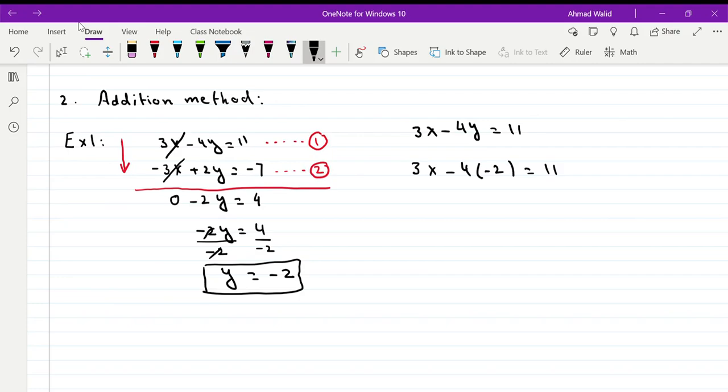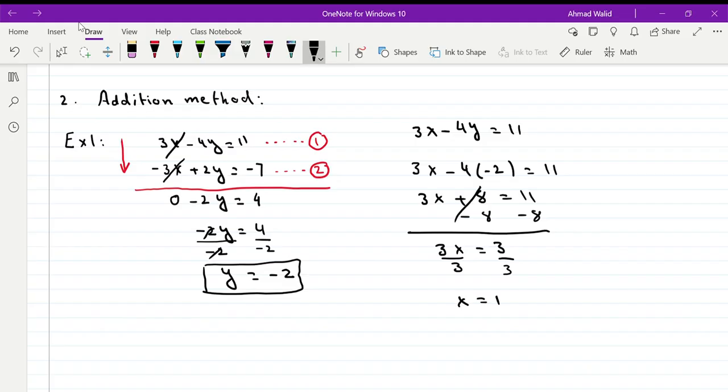And I'll solve it for x. Negative times negative gives you positive, 4 times 2 gives you 8. So 3x plus 8 equals 11. Subtract 8 from both sides, then 3x equals 3. Dividing by 3, you find the value of x equals 1. The answer for this problem is (1, negative 2). We call this method the eliminating method.